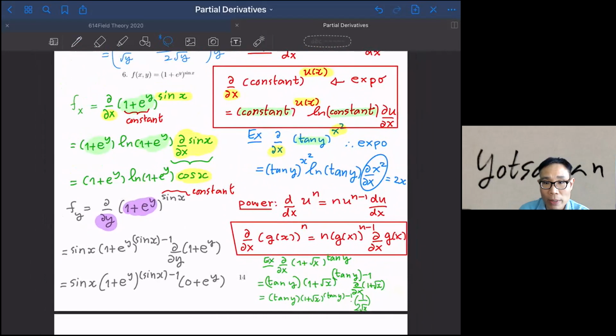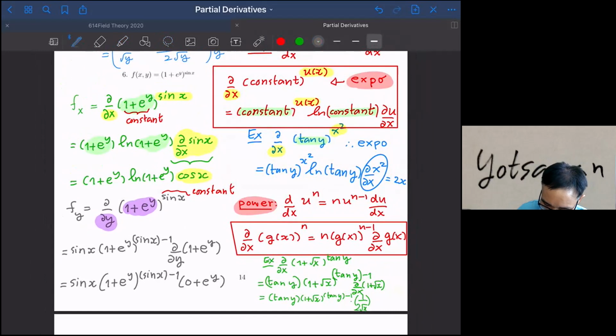One is about a constant to the u(x) power, which is an exponential function, where we use the derivative in the form of the exponential function. Another one is just using the power function, so it's d/dx of u^n, where n plays the role of a constant in this case.